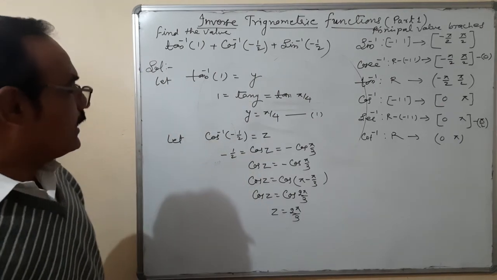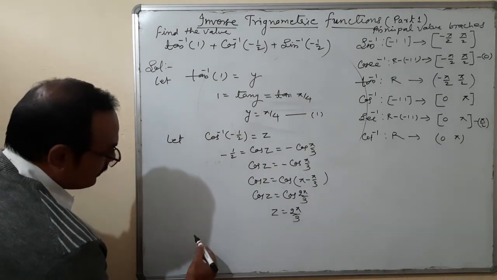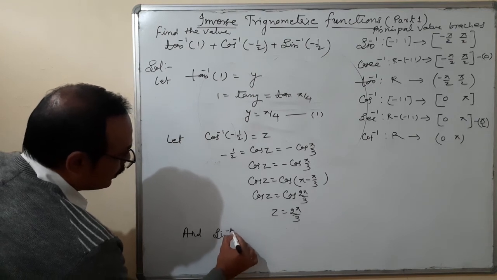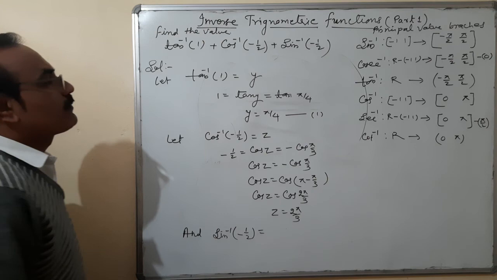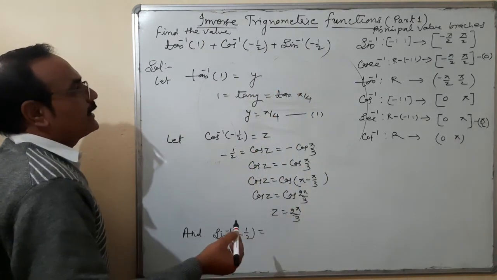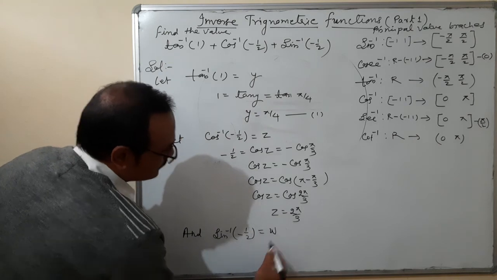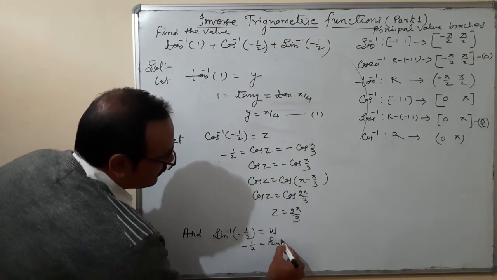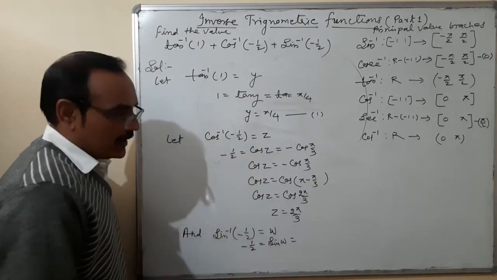Okay. And the third part is sine inverse minus 1 by 2. Sine inverse minus 1 by 2 is equal to, I can consider, x is already there, y, z, w. Minus 1 by 2 is equal to sine w. The value of sine w is equal to minus 1 by 2.